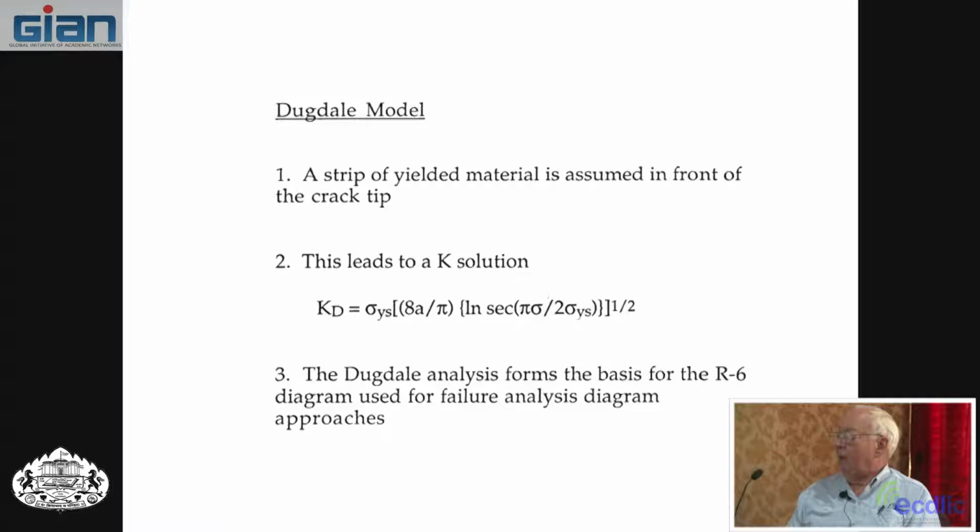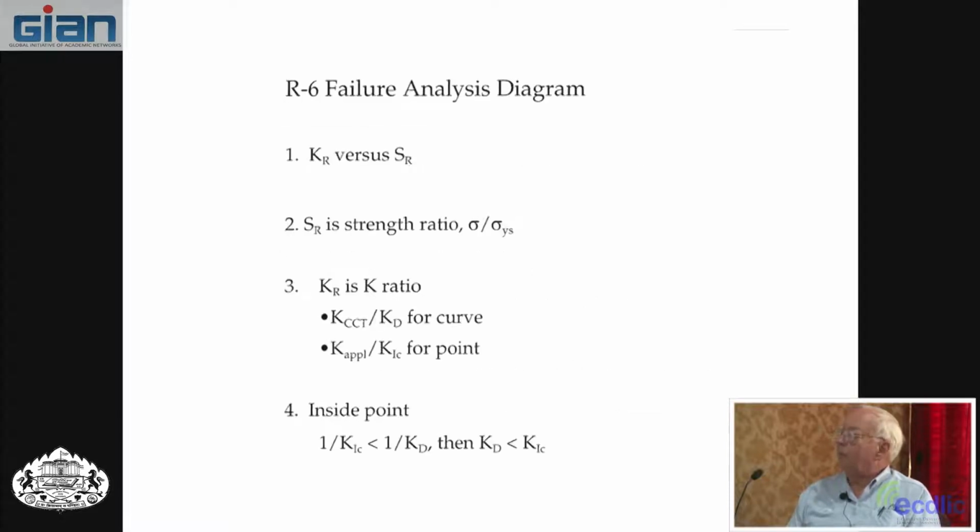Now he uses this for a failure analysis diagram, which they called R6. R6 name came from the report that was first written for each year, I guess. They wrote their reports R1, R2, R3, and this was number 6 report that was written that year, so R6 was the name of the report.